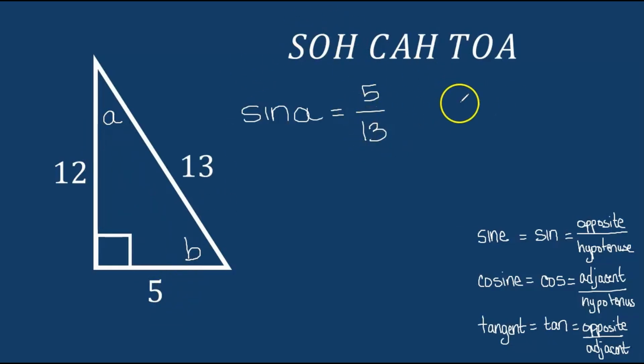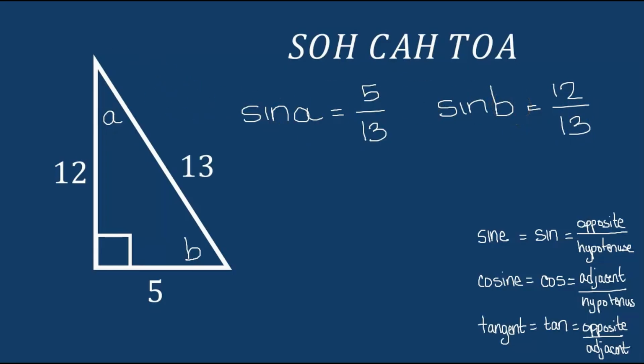It's always going to be 13. However, if we want the sine of angle B, opposite to angle B is 12. So we're going to put 12 over 13. And that's how we find the sine ratio for each of these.